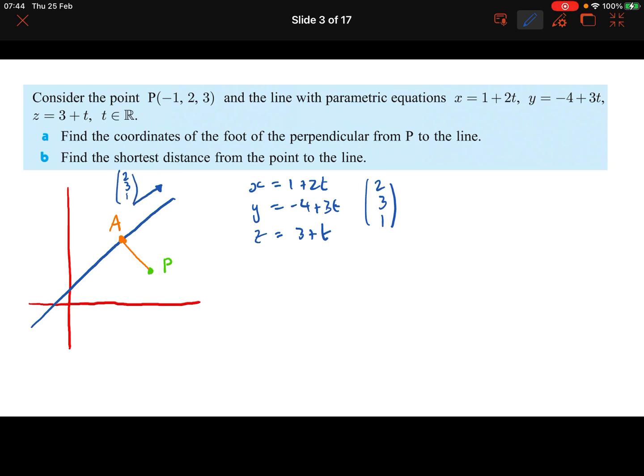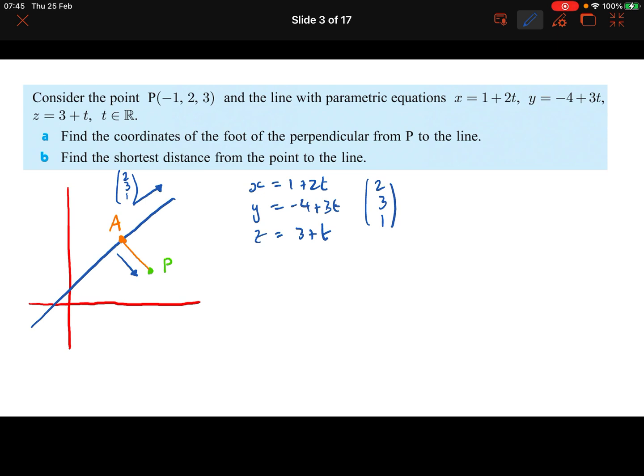Okay, so we know that. What we also know is that this direction is perpendicular to 2, 3, 1. So what do we know about perpendicular vectors? We know that their dot products are equal to 0.